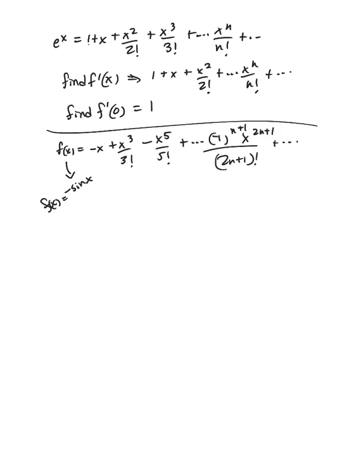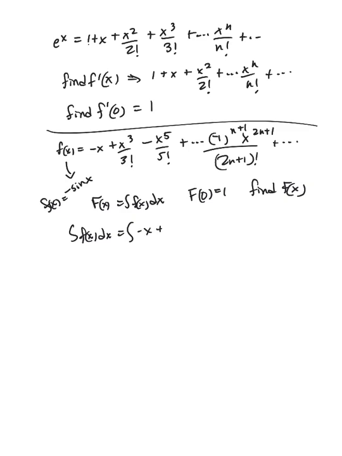So just keep that in your back pocket. Then let's say they tell you capital F of x is the integral of f of x dx. And they give you an initial condition, capital F of 0 equals 1. Find capital F of x. So you would integrate. The integral of f of x dx would be the integral of negative x plus x cubed over 3 factorial minus x to the 5th over 5 factorial.